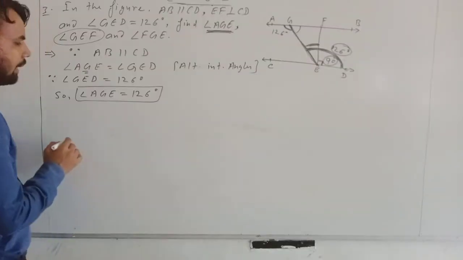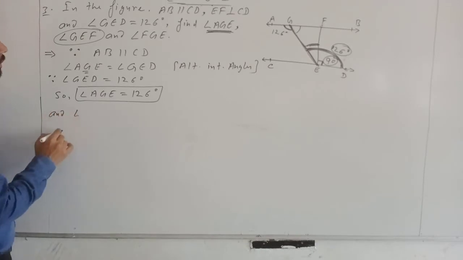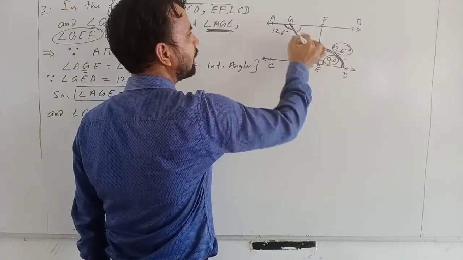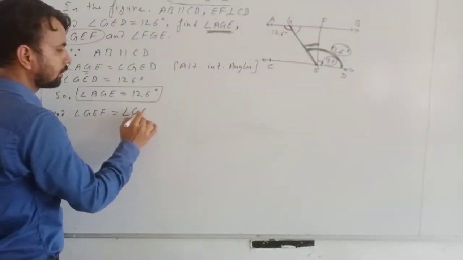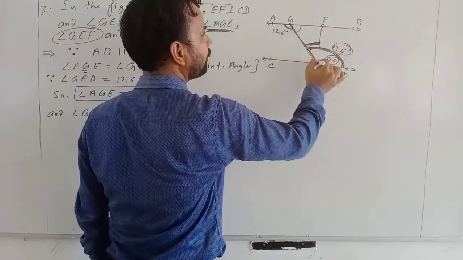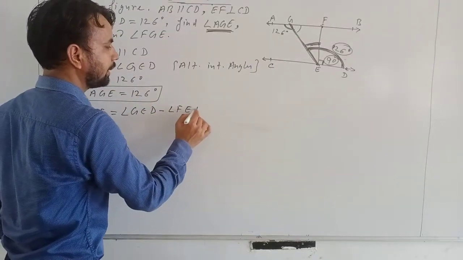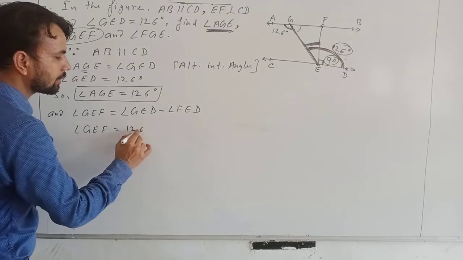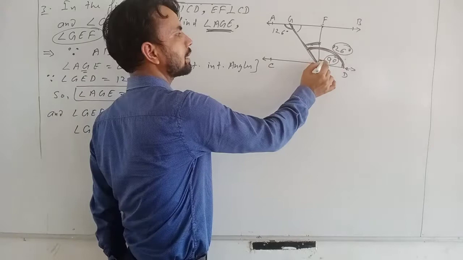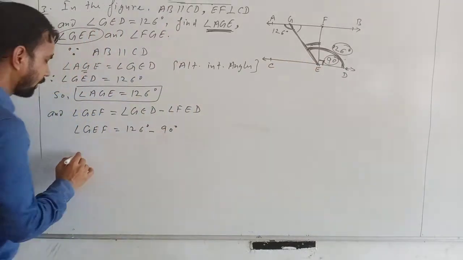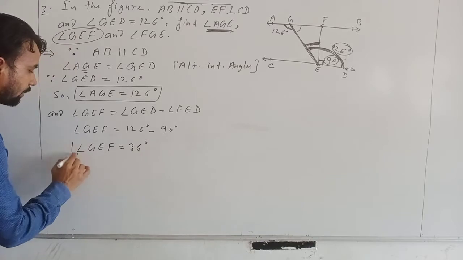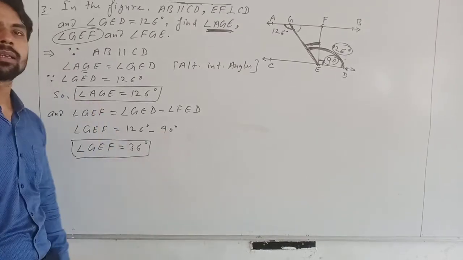So angle GEF equals GED minus FED. Angle GEF equals GED is 126 degrees minus FED is 90 degrees. So angle GEF equals 36 degrees. 126 minus 90 is 36 degrees.